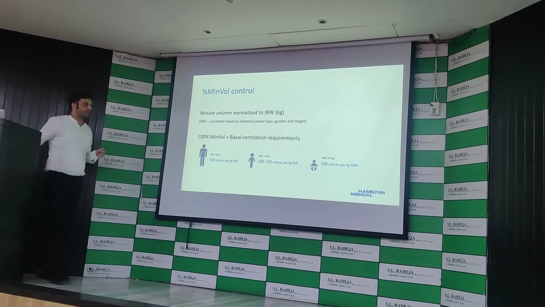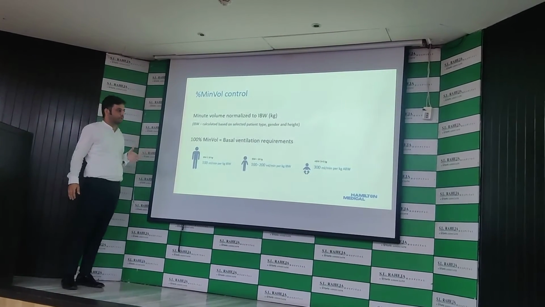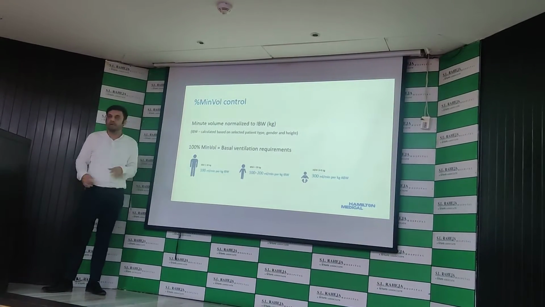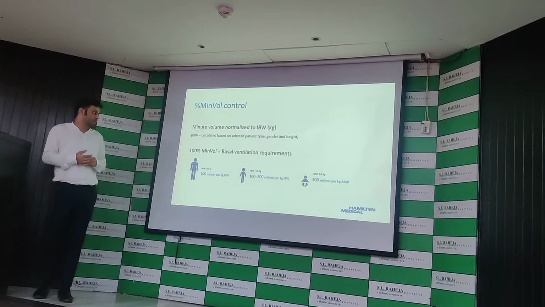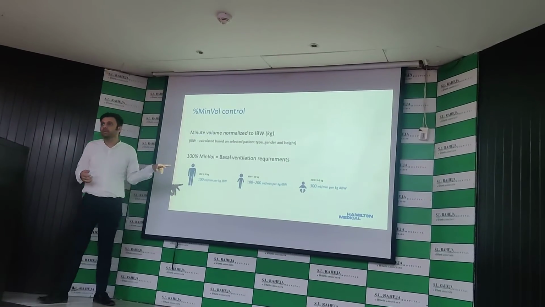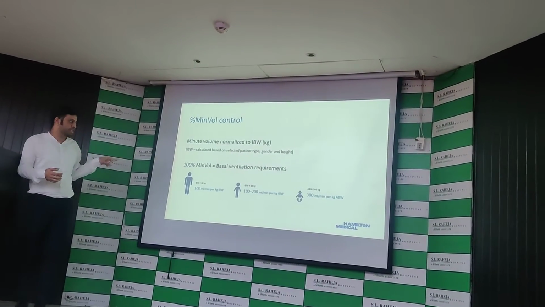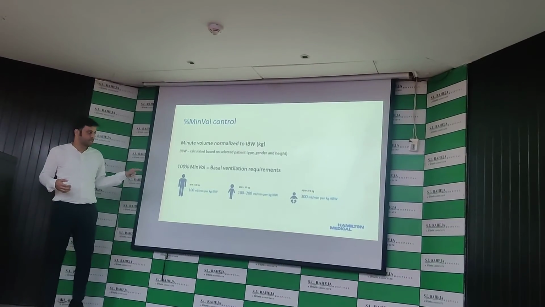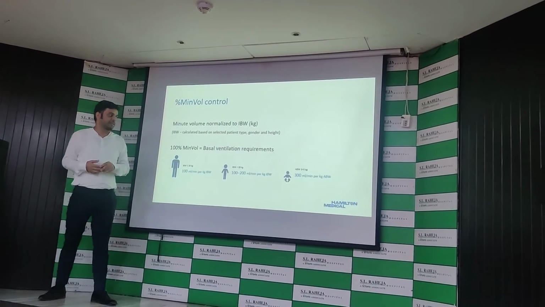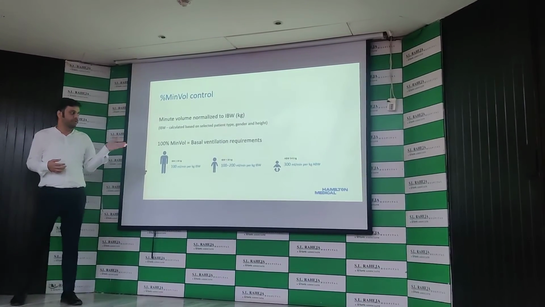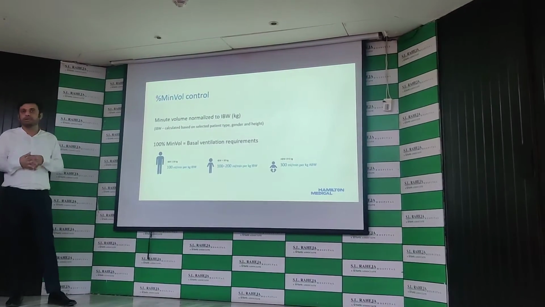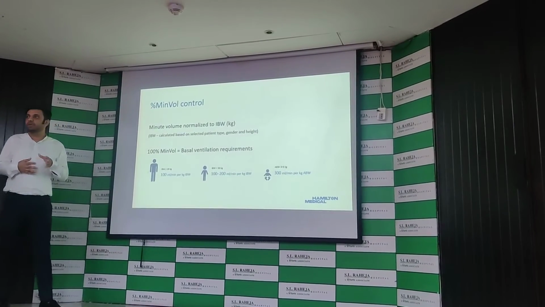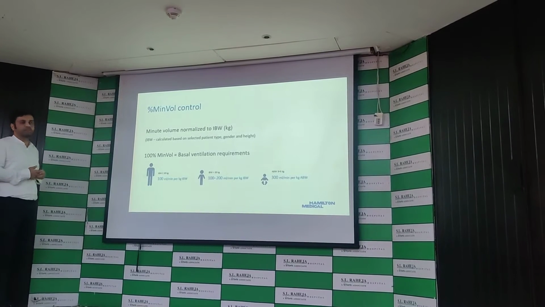As said, in terms of adult, pediatric and neonates, mostly in adults we set 100 ml per minute per kg of the ideal body weight. So if the ideal body weight is more than 30 kgs, then we usually take 100 ml. Similarly, for an ideal body weight less than 30 kgs, we can take between 100 to 200 ml per minute per kg of the ideal body weight, and for neonates we can consider 300 ml per minute per kg of the ideal body weight.